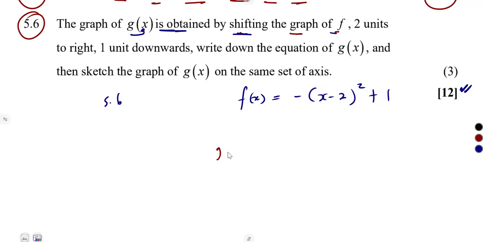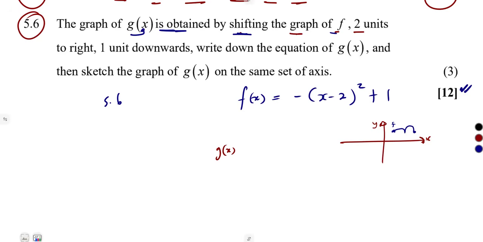How was it done? All right, let's take the first one. 2 units to the right. All right, this is it. You've got your x-axis and your y-axis. The point, maybe it's here. Originally on f. When it is now found on g, it has to move 2 units to the right. It has to shift 2 units. 1, 2.